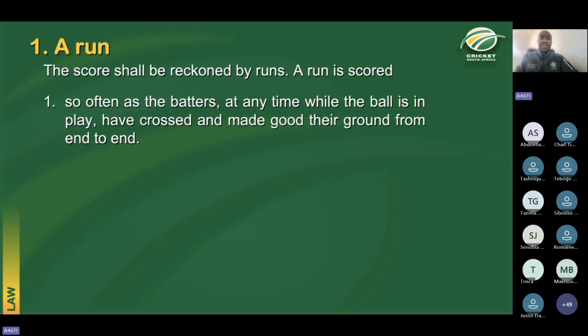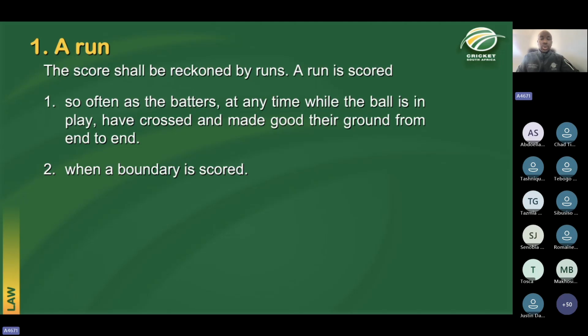The first way a run can be scored is so often as the batters at any time while the ball is in play have crossed and made good their ground from end to end; that will be considered a run. Of course, we know that runs are also scored when a boundary is scored, and Law 19 is boundaries.